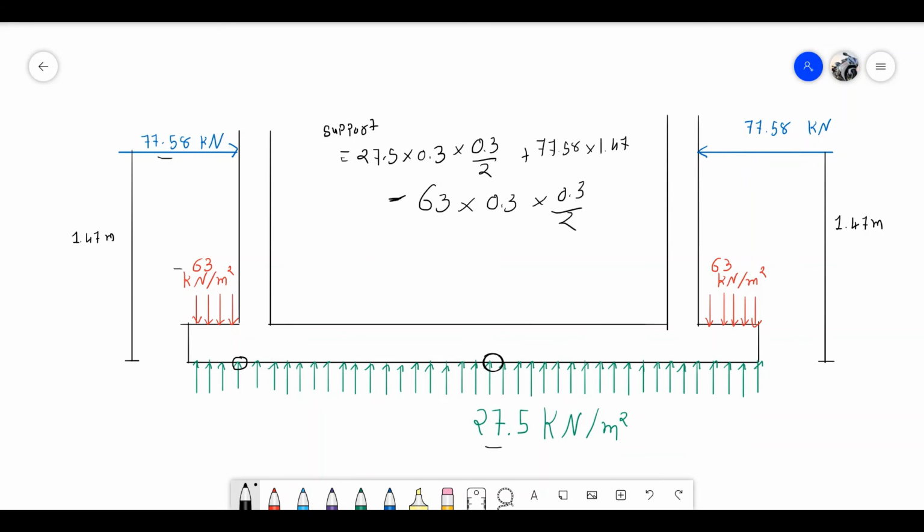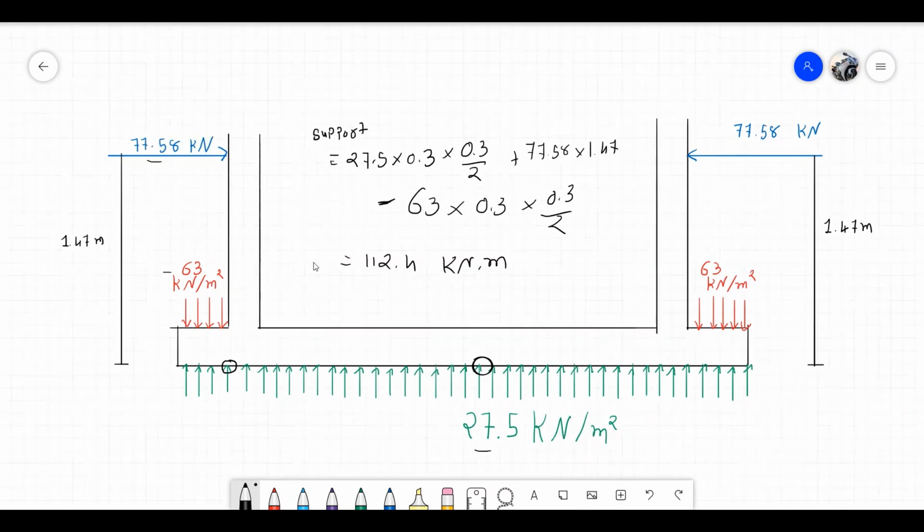So the total moment at the support is 112.4 kilonewton meter.